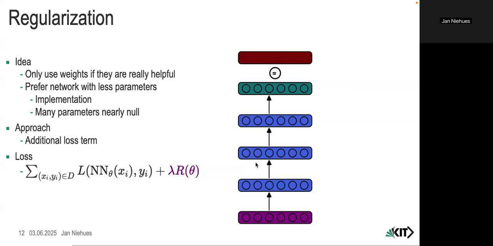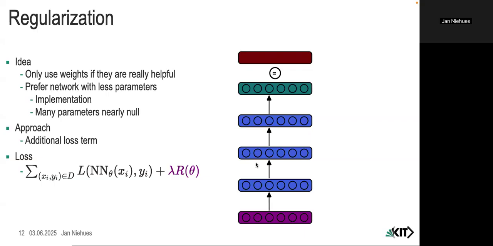So what we can do instead is, maybe we can just optimize it in a way that it prefers solutions which use fewer parameters. So can we optimize it in a way that we're saying, this is the possibility of parameters you have, but please try to get as good, but with fewer parameters.